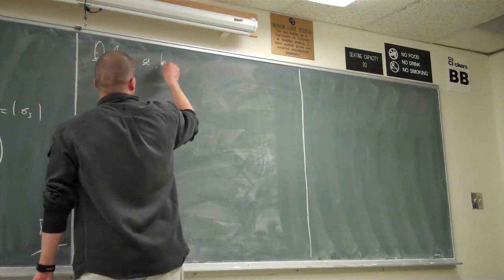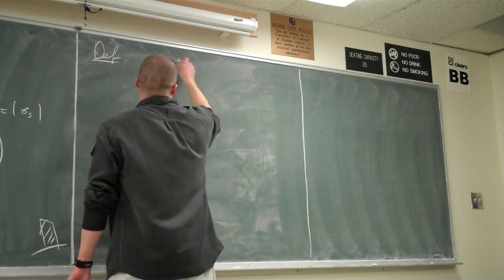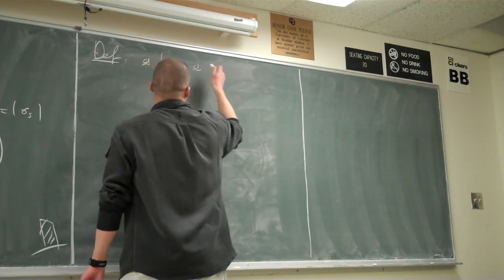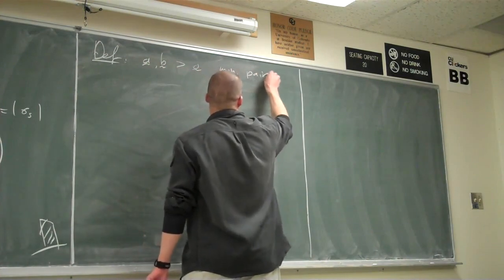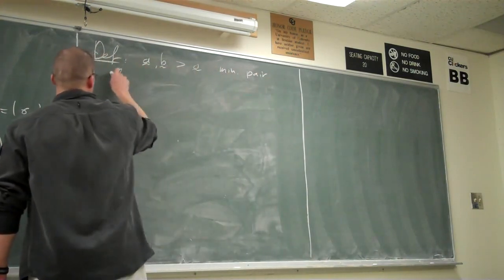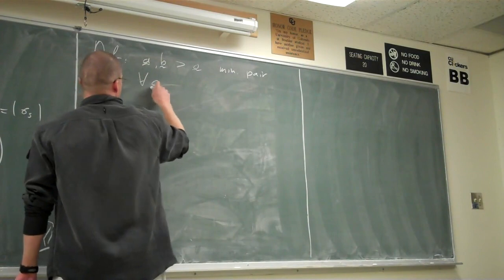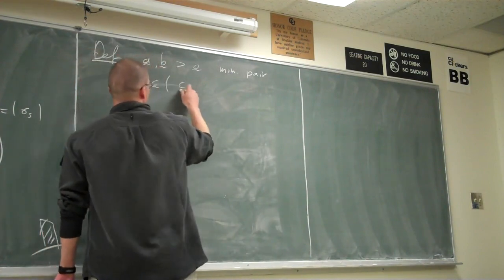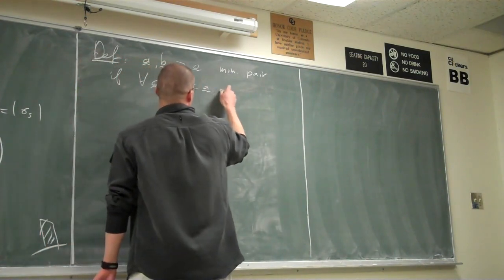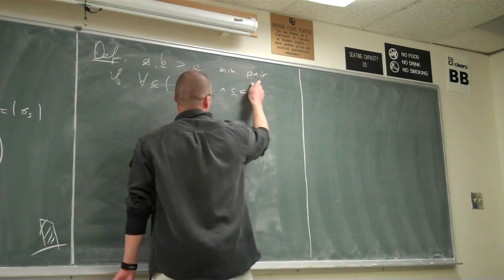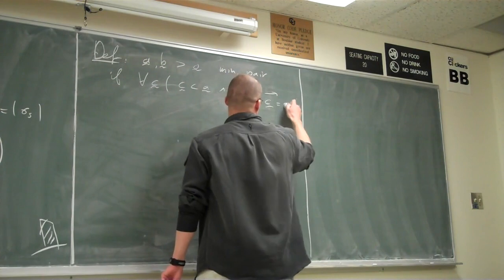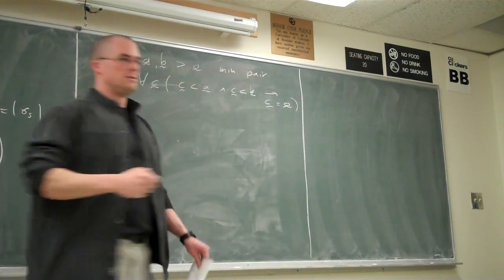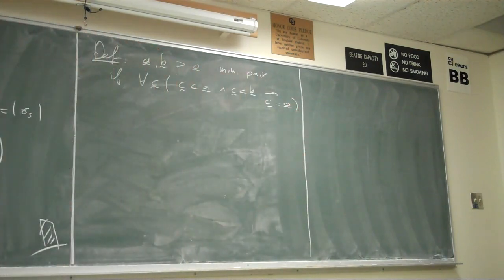Degrees A and B greater than 0 are a minimal pair if for every degree C such that C is less than A and C is less than B, we have that C is the degree of a computable set.